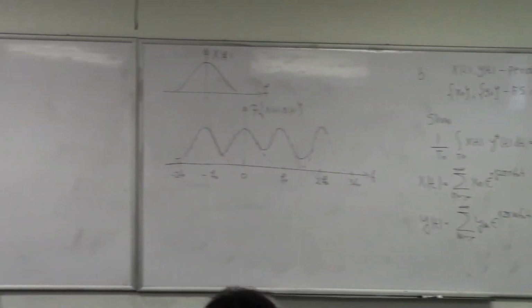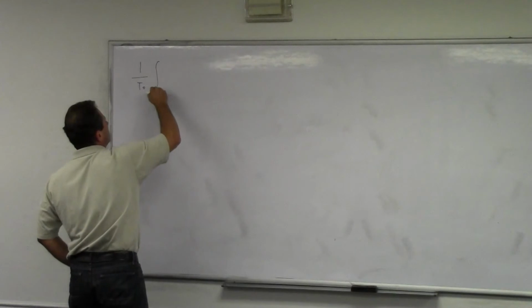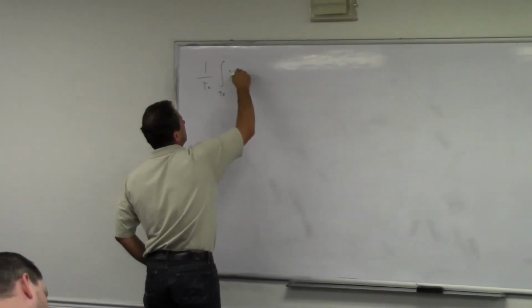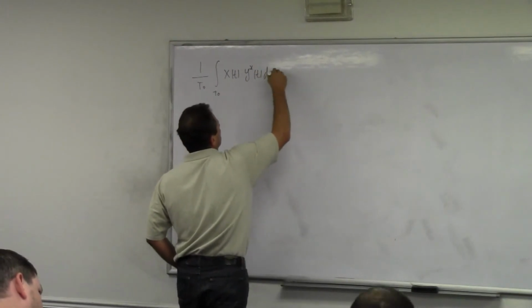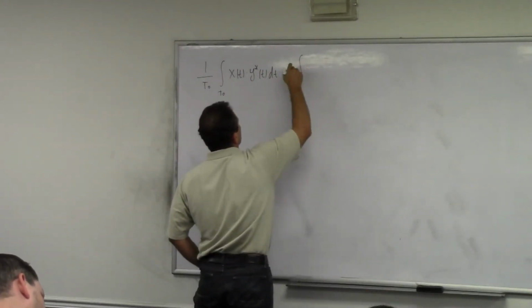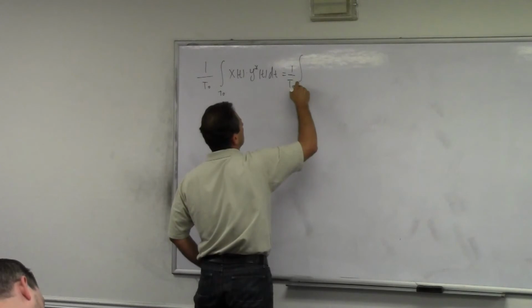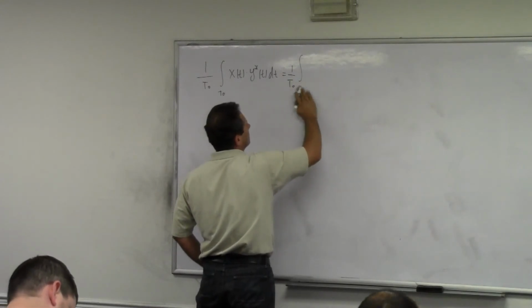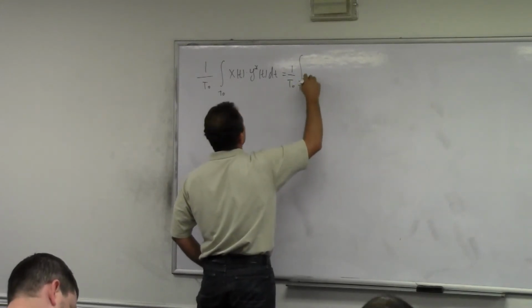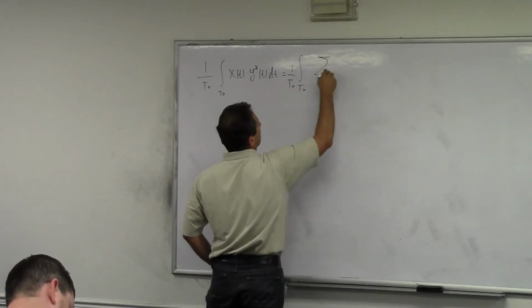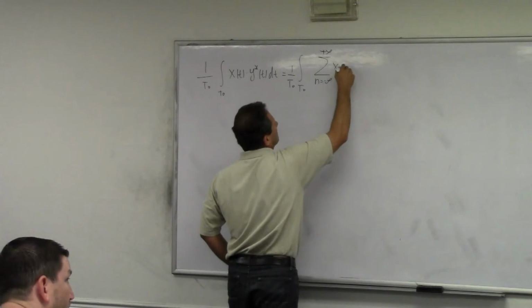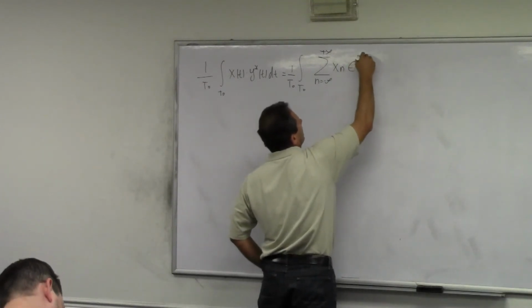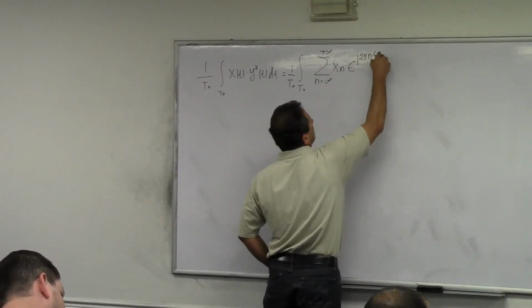So once I do the substitution, here's what I have. 1 over T0, integral over T0, x of t times y complex conjugate of t dt becomes 1 over T0, integral with t going just over T0. And then first sum, n goes from minus infinity to plus infinity, xn e to the j 2 pi n f0 t.